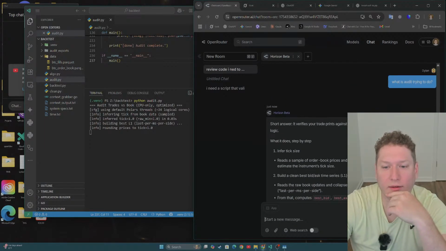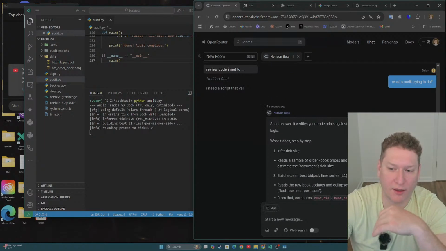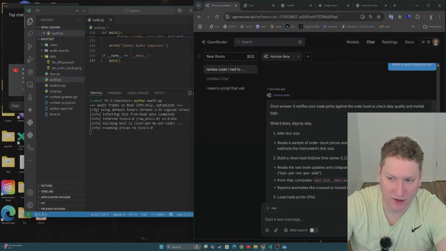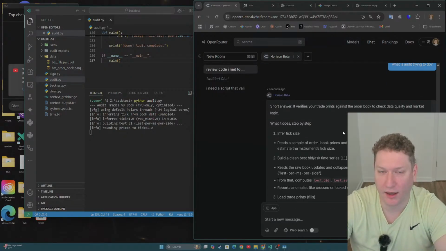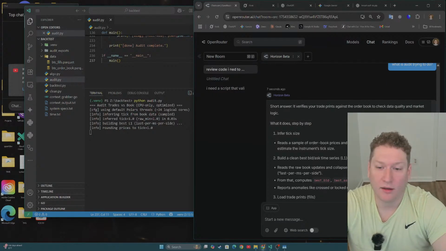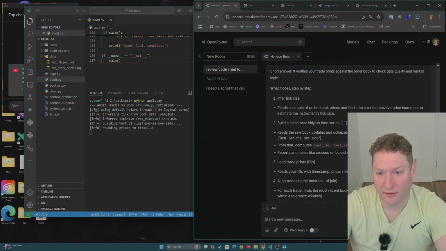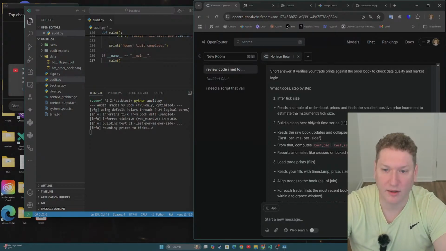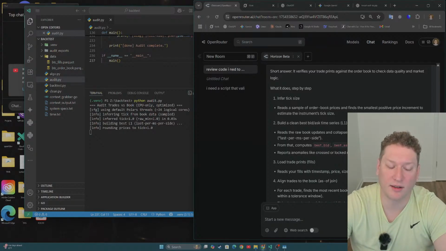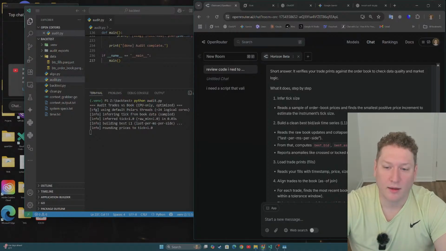Okay, audit, short answer: it verifies your trade prints against the order book to check data quality and market logic. What it does, step by step: infer the tick size, reads a sample of order book prices, and finds the smallest positive price increment to estimate the instrument's tick size. Builds a clean best bid ask time series, L1.